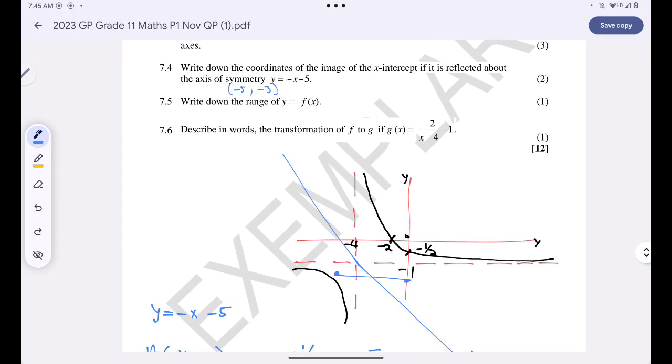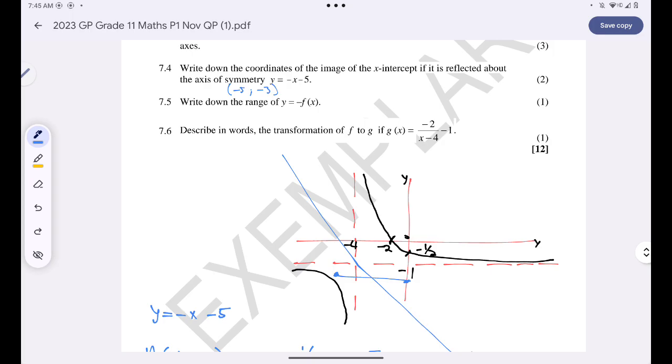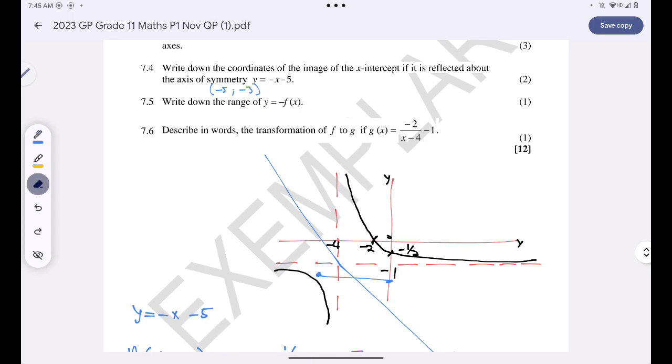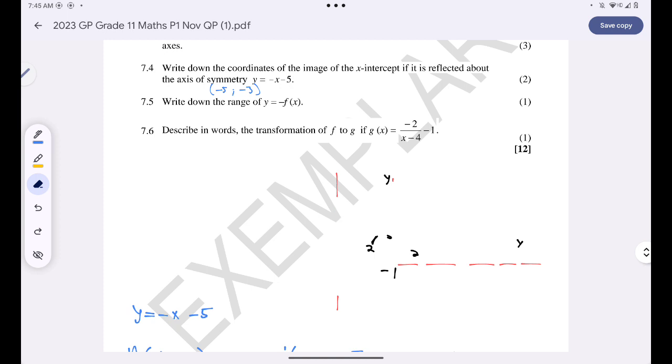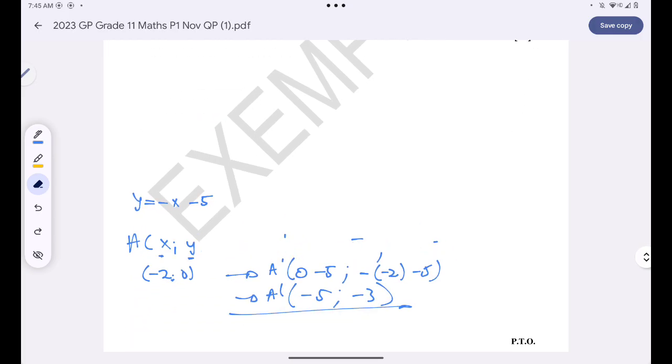Okay, now I'm supposed to write down the range of y is equal to negative f of x. The range of y is equal to f of x.